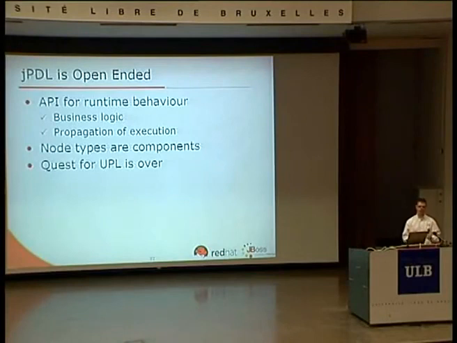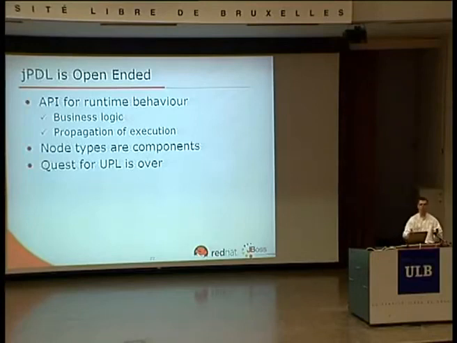Propagation of execution means if you're implementing a node and you want to keep on taking that transition to the next node automatically without a wait state, you just invoke leave this node over this transition. You invoke a method for that. If you say, I want to behave as a wait state, I want the signal method to return, I want to persist the whole situation and only wait for a new external trigger, in that case you don't do anything.